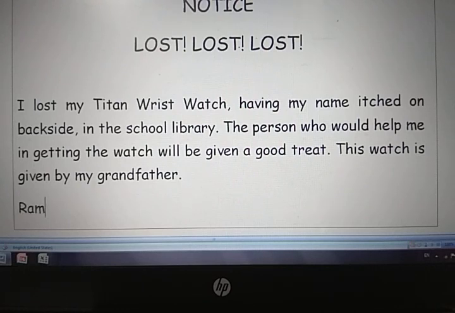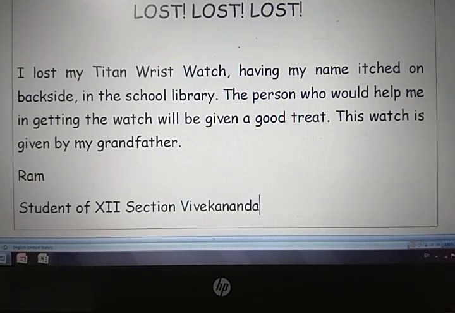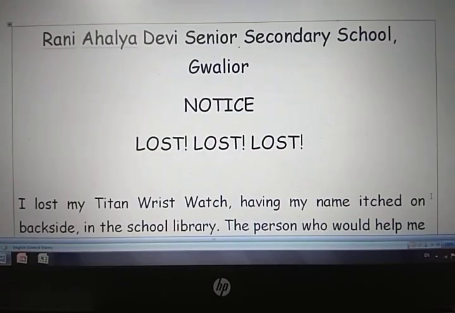So your name, Ram, student of section Vivekananda plus 2. Clear? So this is your notice. So again let us see what you write.